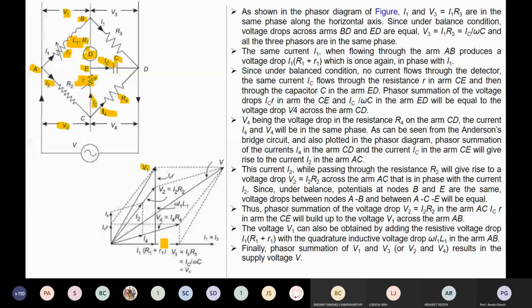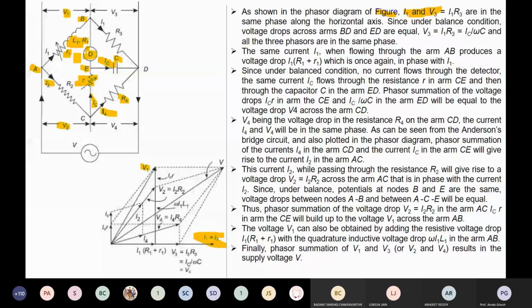So what is written over there as the phasor diagram? It is written in the figure, I1 and V3. In the phasor diagram, you should consider one current, I1, as the reference in all cases. So what is your V1? V1 equals I1 small r1 plus I1 capital R1 plus J I1 omega L1.